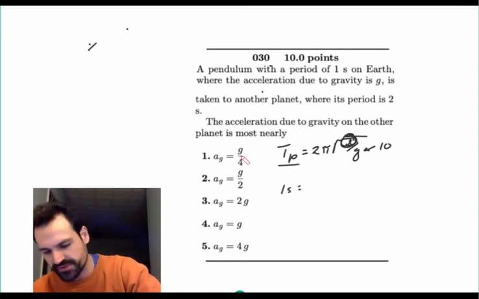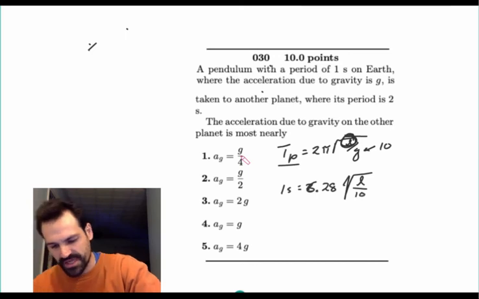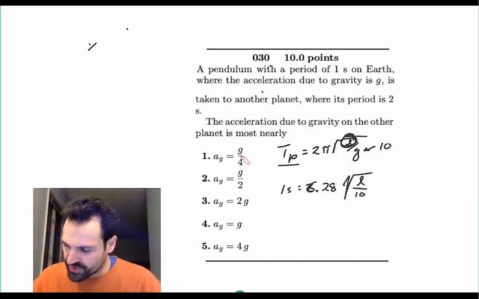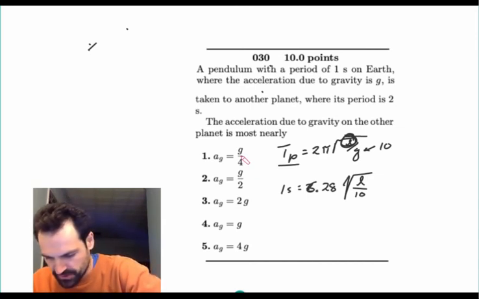Let's find that first. 1 equals 6.28 times the square root of whatever this length is over 10. So 1 divided by 6.28, square both sides, and then multiply by 10. So you would find the string length is equal to 0.25 meters.